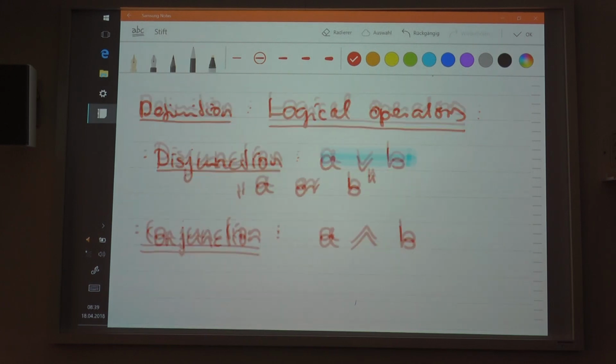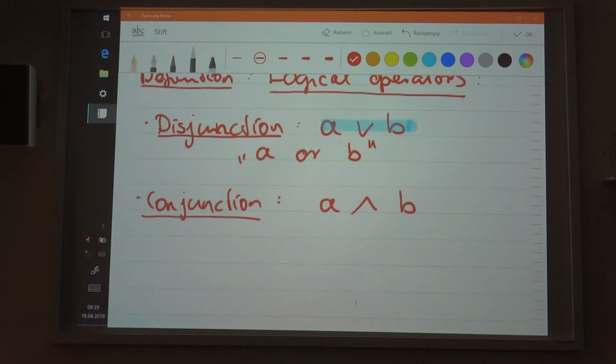Sorry, I have to put the quotation marks up there, that's grammatically wrong in the English language. So you say A and B. I apologize for that. So that's the conjunction.